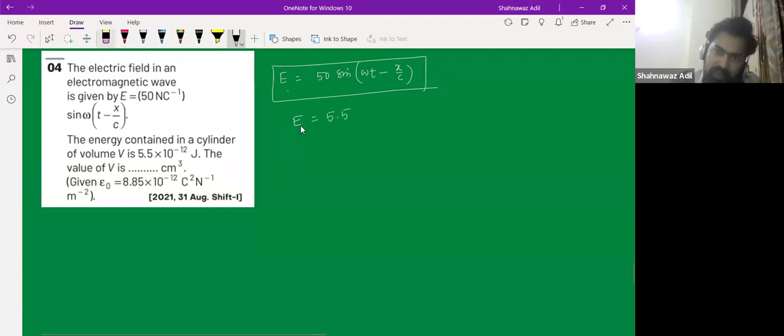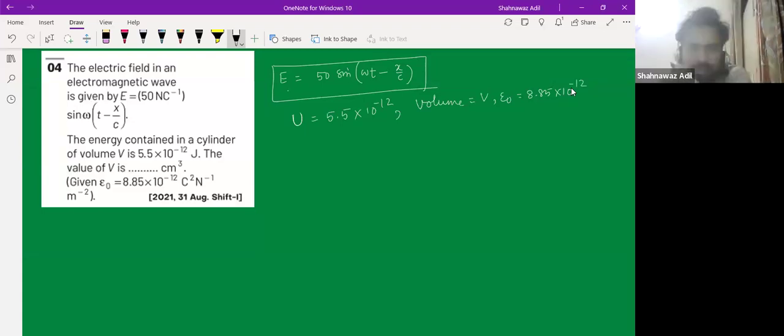Let me write it as U. So energy is this, and then we have to find out the volume V. Epsilon naught is given 8.85 into 10 to the power minus 12. So all these things are given when we have to find out the volume.